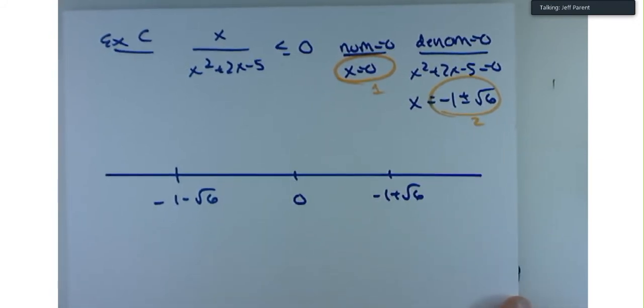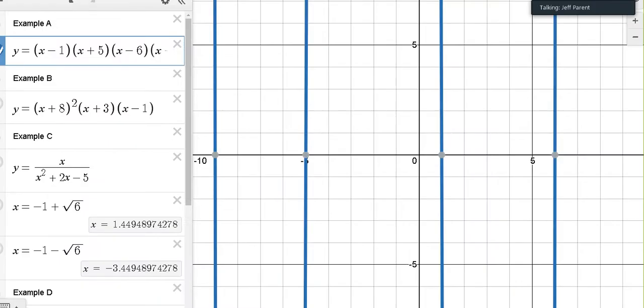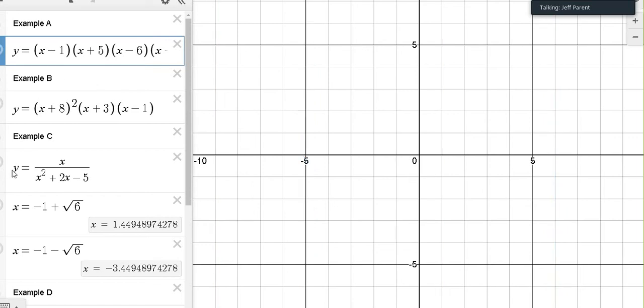So, wow. Again, not all that easy to deal with. It might be helpful to have some decimal values that go with these things so that you know where to test your points. The reason I mention that is because a lot of times people get a little bit confused. They're like, well, wait a minute, what's to the left of this? What's to the right of this?